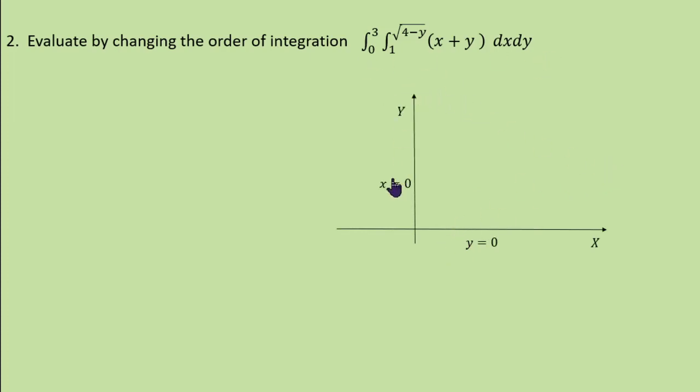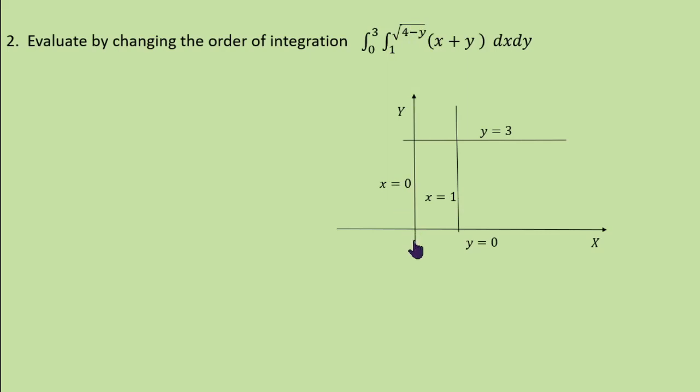Y equal to 0 is the x axis, and y equal to 3 is a line parallel to the x axis at height 3. In between these two, x varies from 1 to root 4 minus y. On the left side, the limit of x is 1, so x equal to 1 is a line parallel to the y axis. And going left to right, the upper limit of x is root 4 minus y.